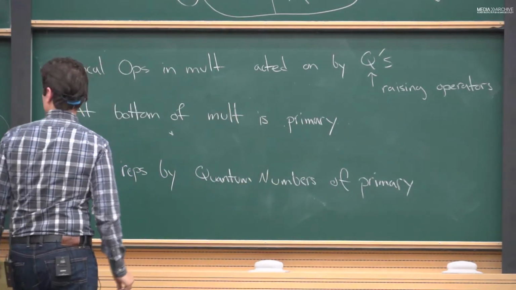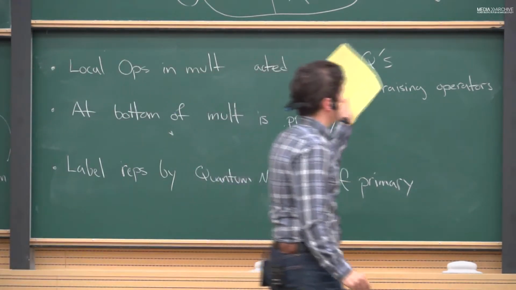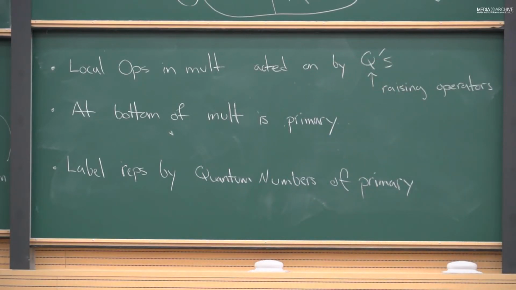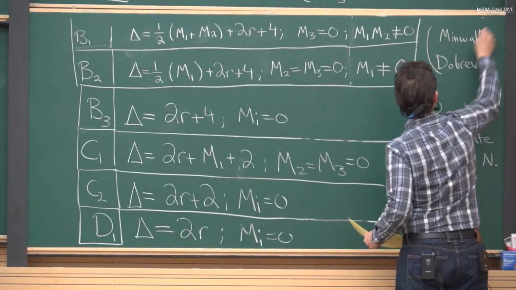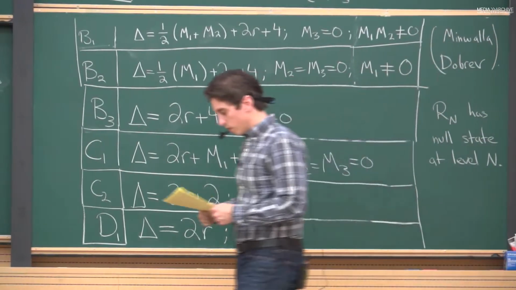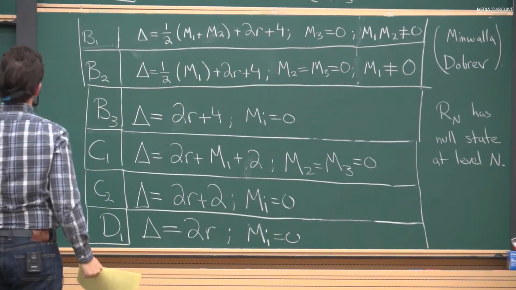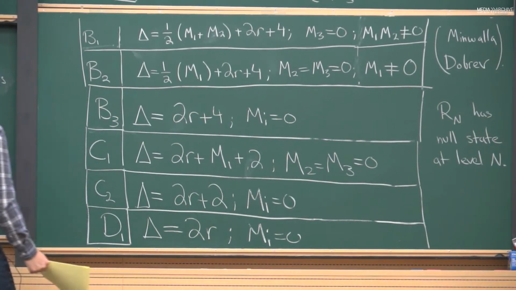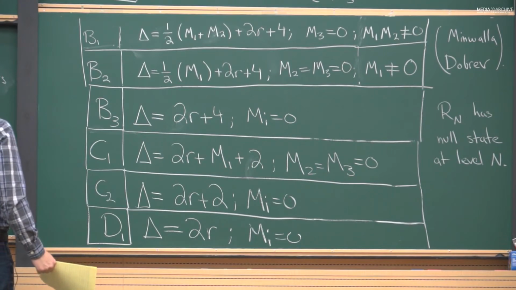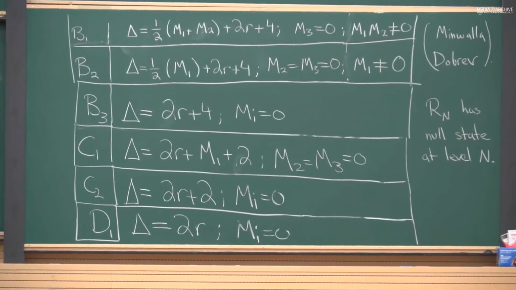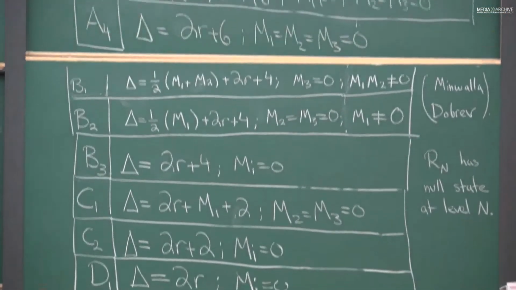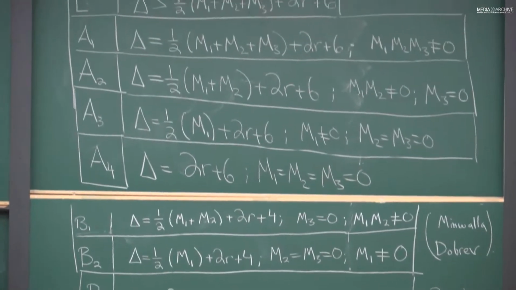Okay, so luckily for us, someone else has worked out what they are, and now we come to this table. Part of it was worked out by Minwalla, and then it was really nailed down by Dobrev. There are 11 distinct kinds of representations. The L representation is the generic one. It has the feature that it's not annihilated by any supercharges.